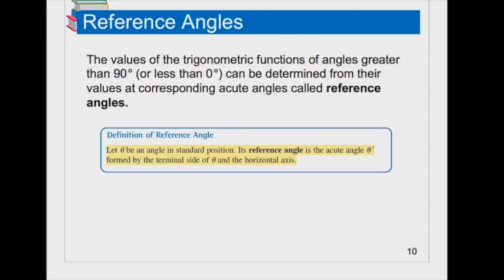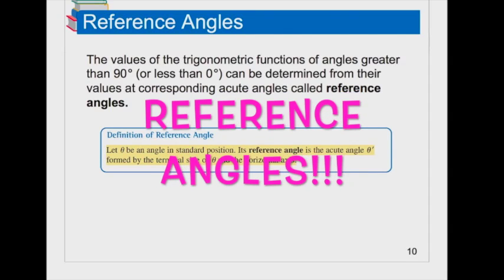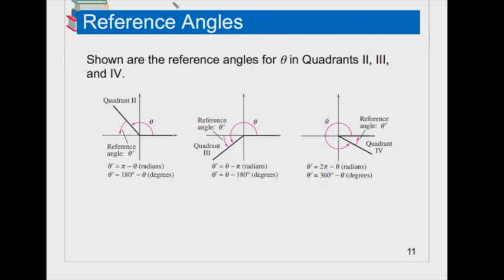So now, we've already talked about reference angles a little bit, but let's work with them a little bit more. This first example is almost identical to the one that we were just doing. We have a large obtuse angle, and its reference angle is found by taking 180 and subtracting this value here.